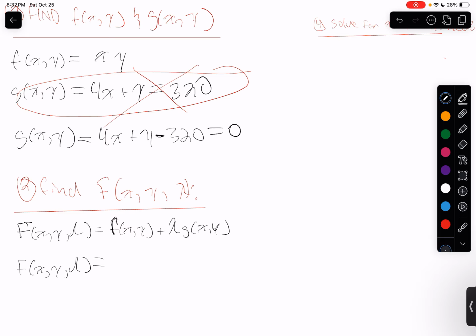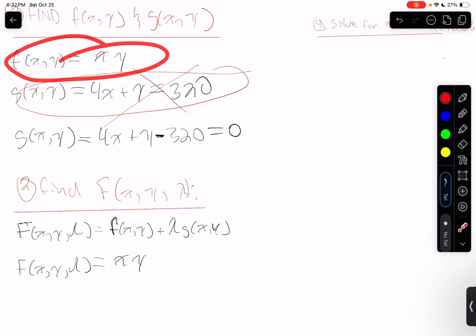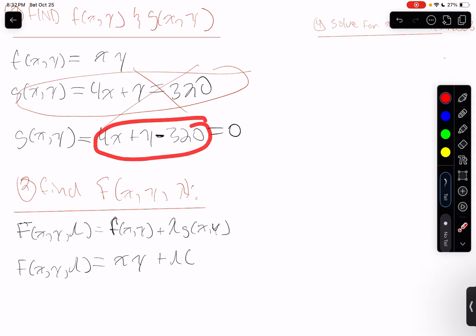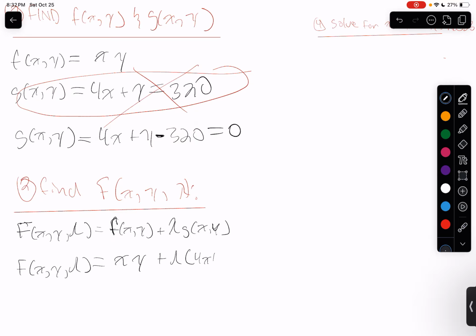And we're gonna see that it equals f(x,y) is xy, okay? Plus lambda g(x,y), which is gonna be this g(x,y), minus 320.